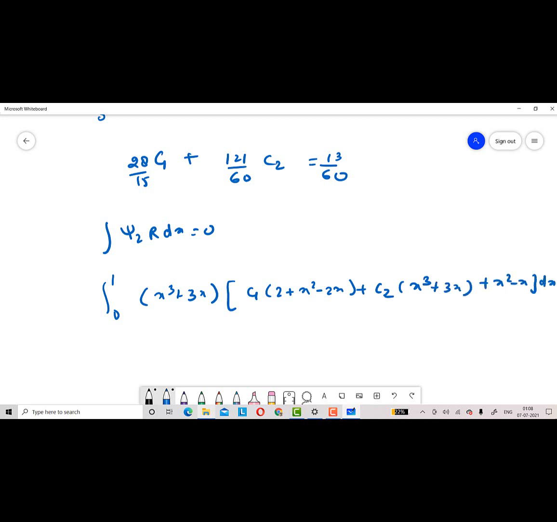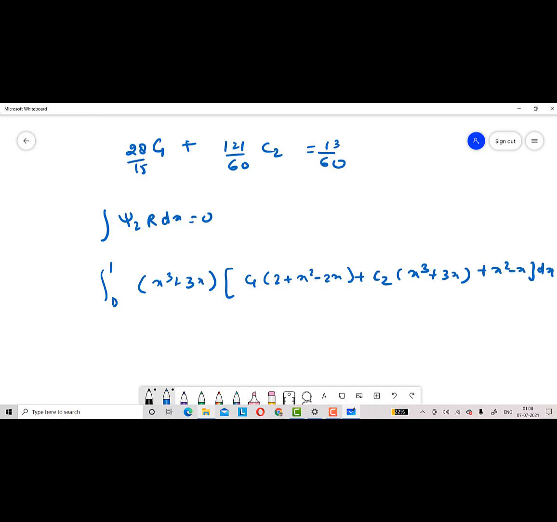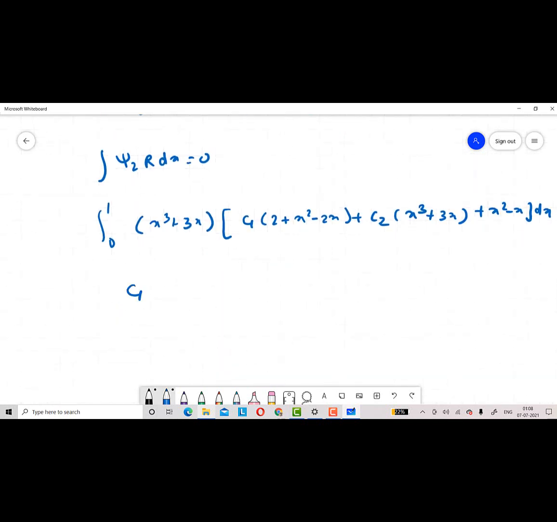On solving, we will get the coefficient of C1 as 121 over 60 plus the second coefficient 152 over 35 C2 equals 17 over 60.